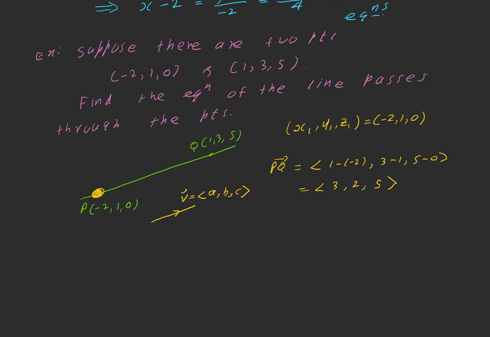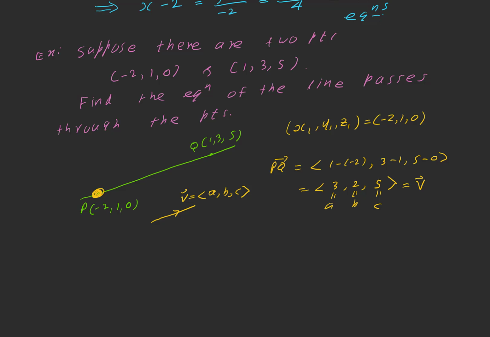Then we can use this as v because we need a vector parallel to the line. This PQ vector is parallel to the line, so this is v.